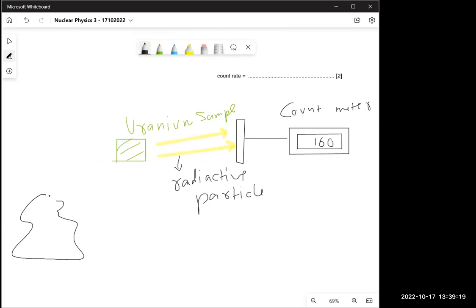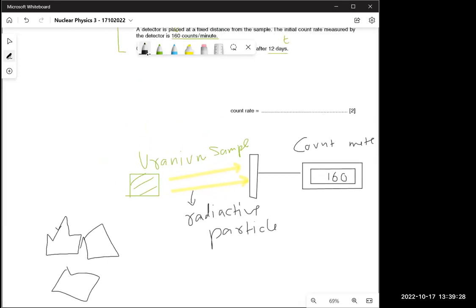There are more things around the uranium. Let's say there's some rock here, or perhaps some other substance on a table, we don't know what, which is also giving us some reading.